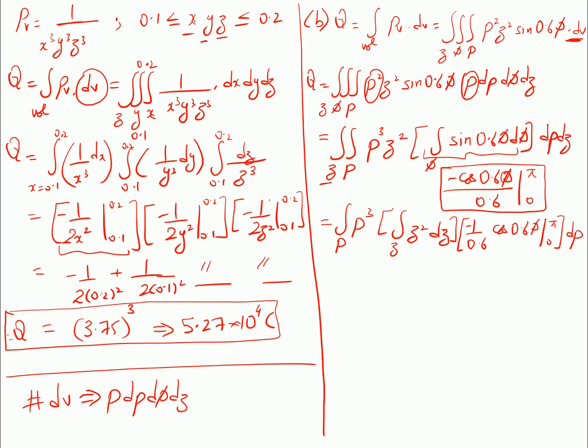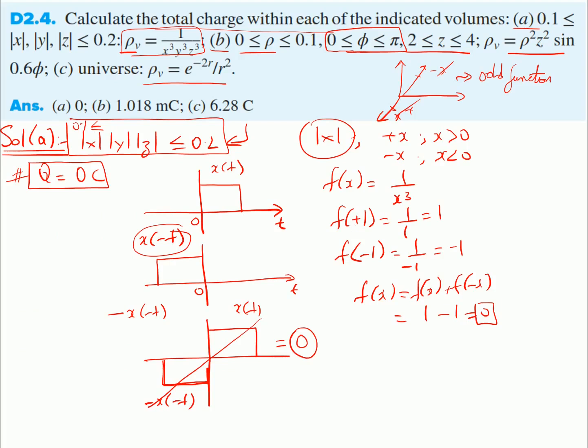Now if we solve this, z square will become z cube by 3, so 1 by 3 can go out. I write rho cube, and this becomes z cube by 3 with the limits 2 to 4, because these are the limits for the z-axis.